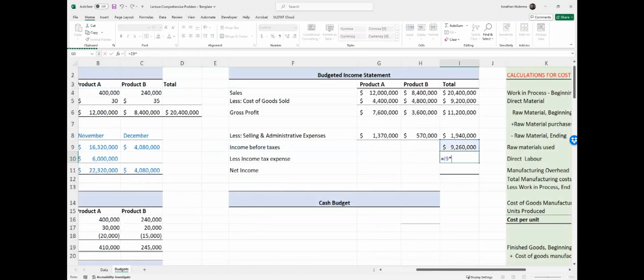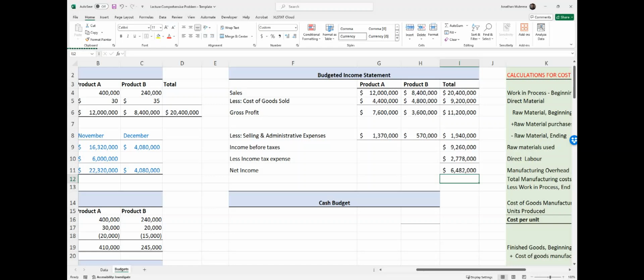That times 30%. That's our income tax. And therefore our net income after paying the government is 6,482,000. And that is it with the income statement.